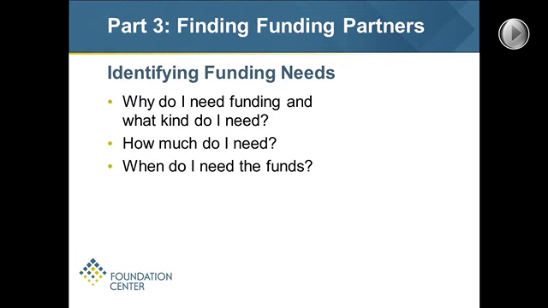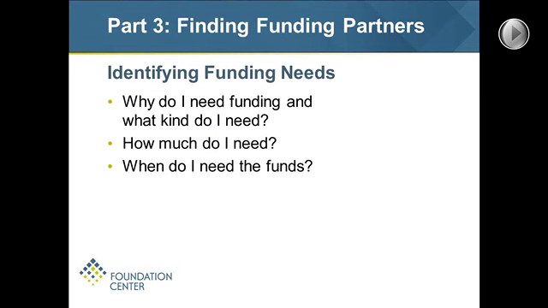The number one reason proposals aren't funded is that it was just not the right fit or right match for what the funder is looking for. So you have to really take time to match your interest up with the funder's interest. Our database, Foundation Directory Online, helps you to identify why you need funding and what kind you need.